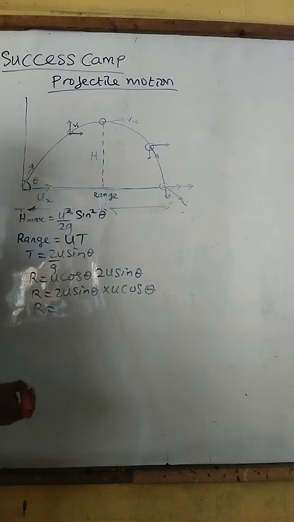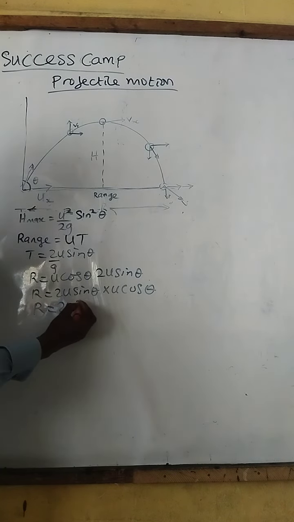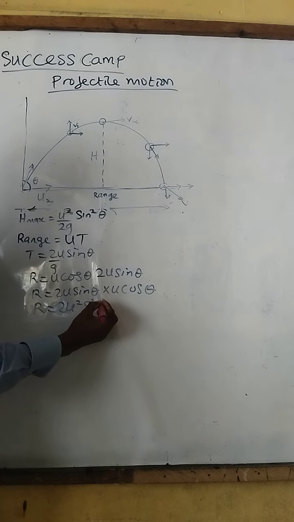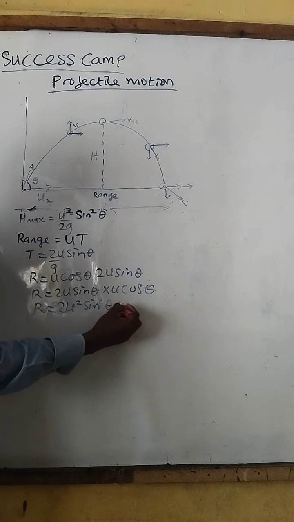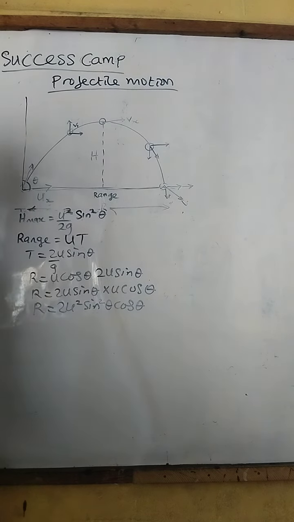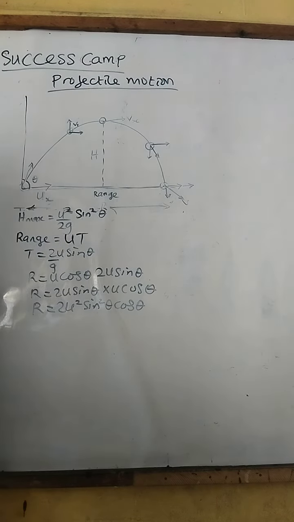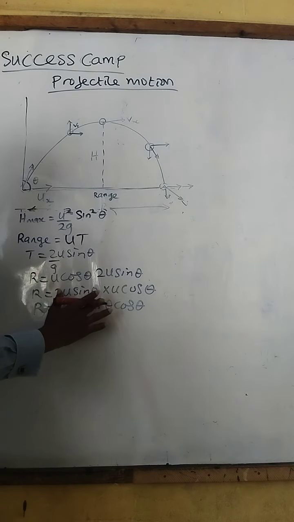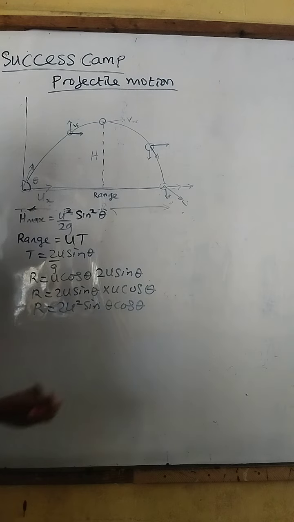When I multiply, I'll be having 2u squared sine theta cos theta.